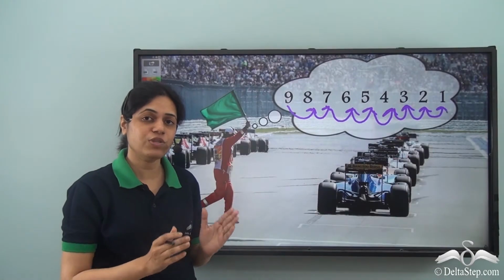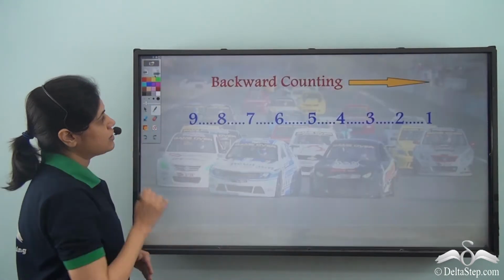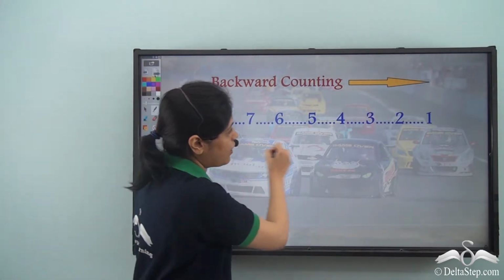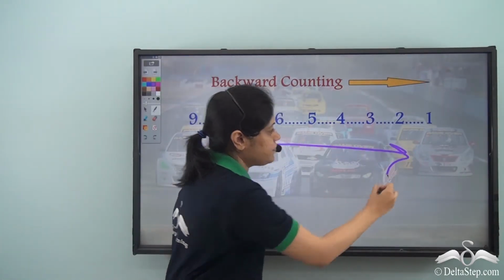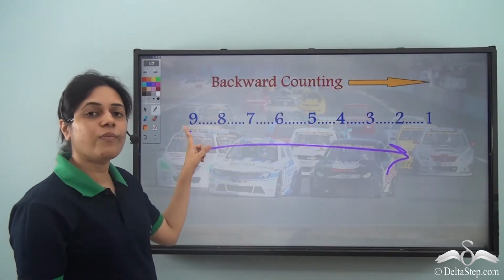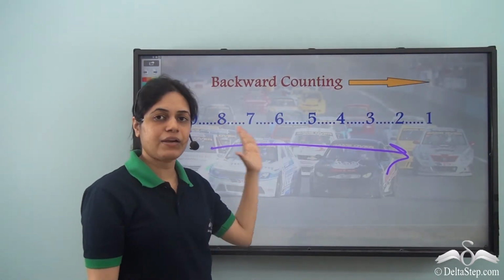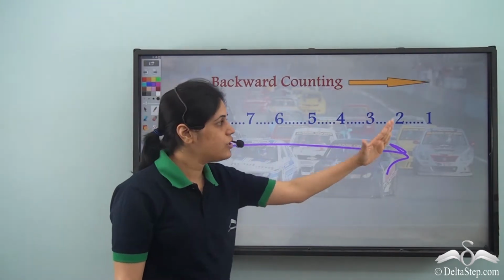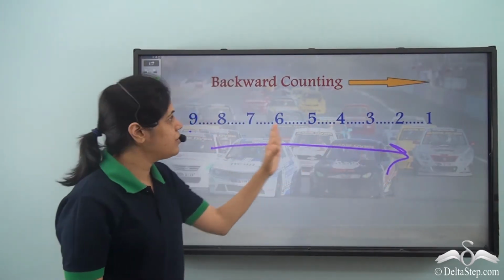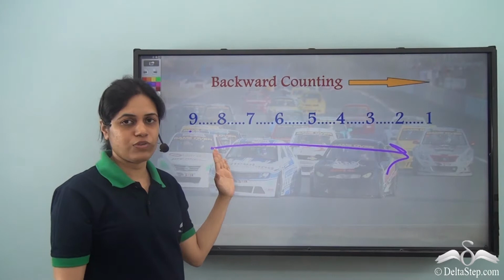That is, he's moving to the previous number. So this is what we call backward counting. So starting from the biggest number and moving one step back, one step backward to the smallest number, is called backward counting.